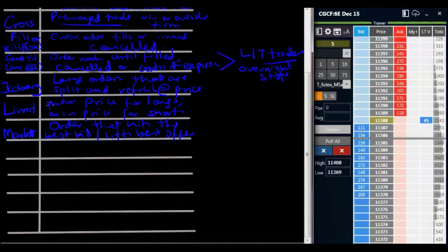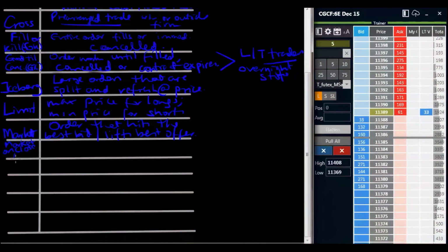Then we've got a very interesting order, something that a lot of the FTX traders look at every single day. So important to know the market on close, or the MOC. MOCs, market on close orders. It's hugely important. Every day into the close, there's a lot of volume that comes into the market.